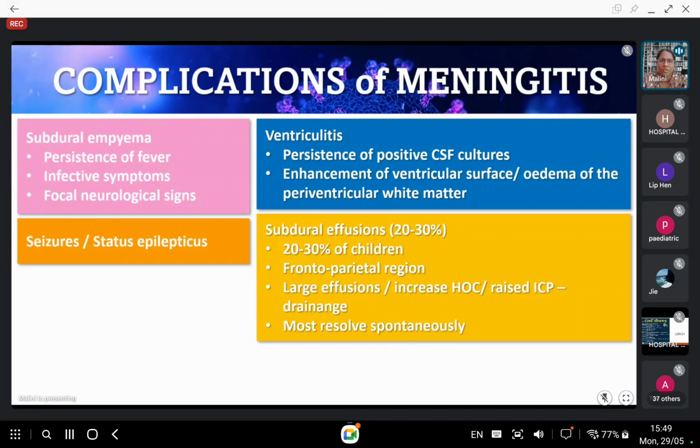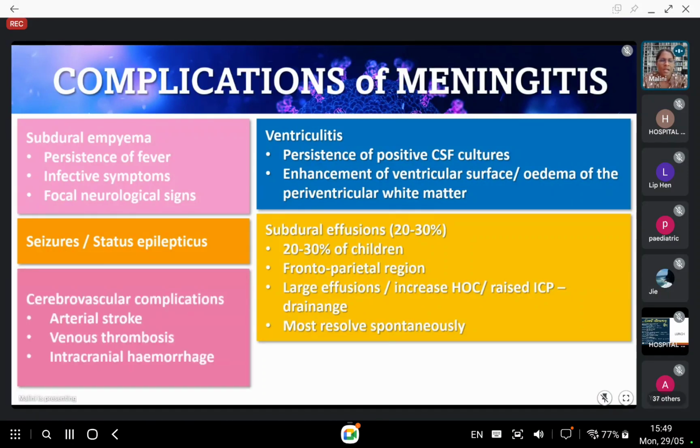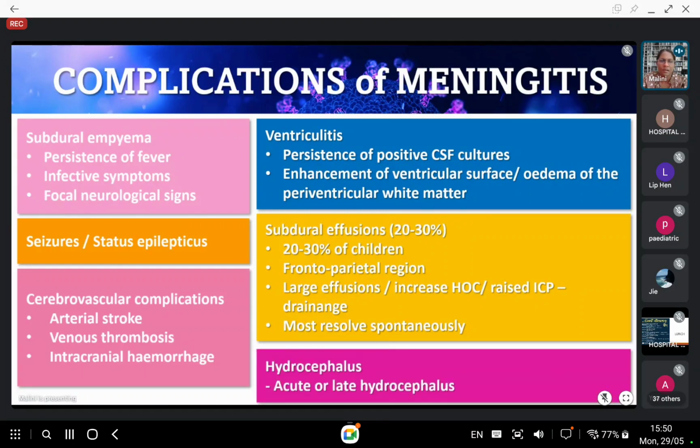However, most subdural effusions associated with meningitis will resolve spontaneously with the treatment of the meningitis itself. Cerebrovascular complications include stroke, venous thrombosis, and intracranial hemorrhages. And patients can develop hydrocephalus early or late.